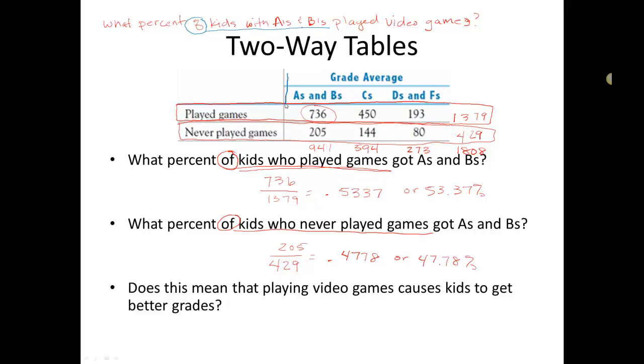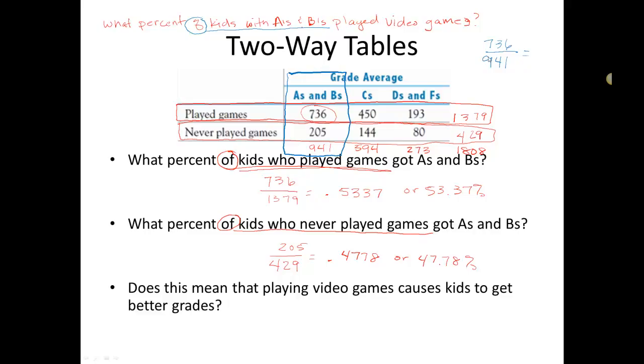If I'm blocking that off in my table here, I'm looking at just the kids who got A's and B's. So that means that my denominator for this proportion is 941. And my numerator is going to be the number of kids with A's and B's who played video games. So that's this 736.